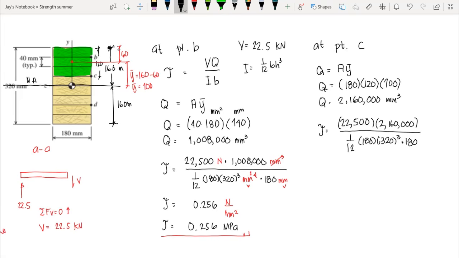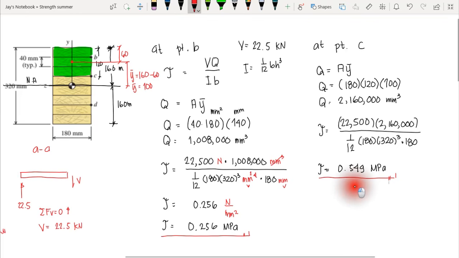That's the base width. So we have our shear stress, that is 0.549, that is in megapascal. As you can observe, the shear stress at point C is greater compared to shear stress at point B. So as we are approaching towards the neutral axis, our shear stress is increasing. Therefore, our maximum shear stress here occurs at the neutral axis.